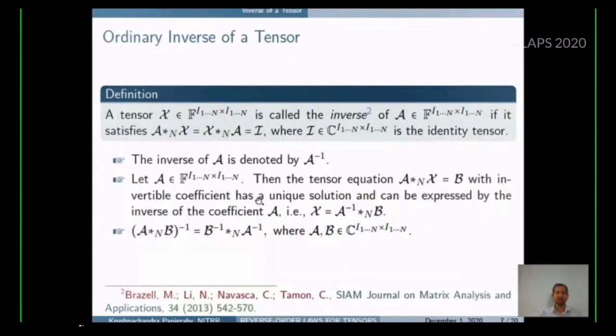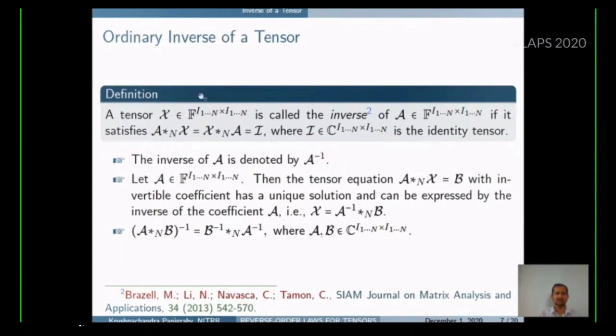Next, once we define the product rule, we are now ready to define the ordinary inverse of a tensor. Brazell and his collaborators in the year 2013 defined the ordinary inverse of a tensor for even order square tensors. A tensor X is called the inverse of the tensor A if it satisfies A star n X equal to identity and X star n A equal to identity tensor.